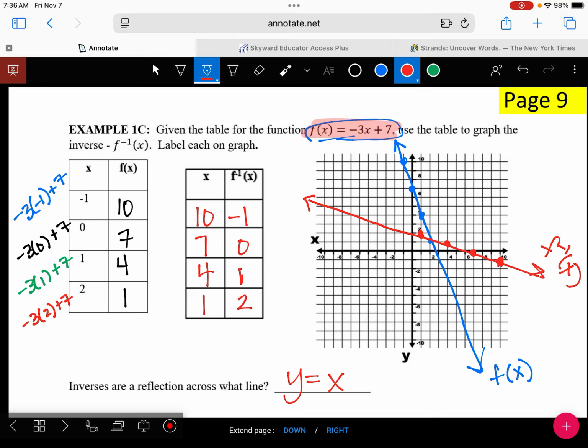All right, last one. Go ahead, pick up your calculators and find your y values. Then we can start on homework 2.